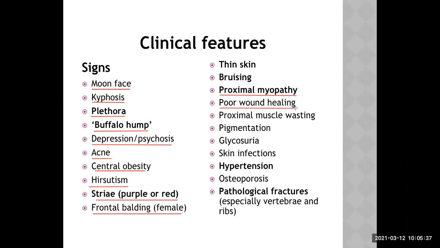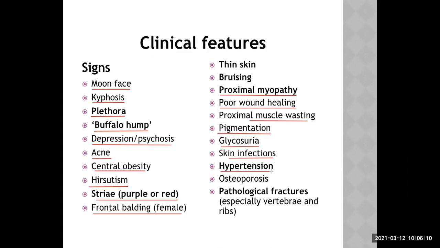Poor wound healing, again related to decreased protein synthesis. Proximal muscle wasting, same explanation. Pigmentation, again associated with ACTH, because ACTH is also high in this case, especially in the secondary type of Cushing's disease. Glycosuria, this is a hyperglycemic condition, so excessive glucose may be excreted in the urine. Skin infection because of immunosuppressive condition.